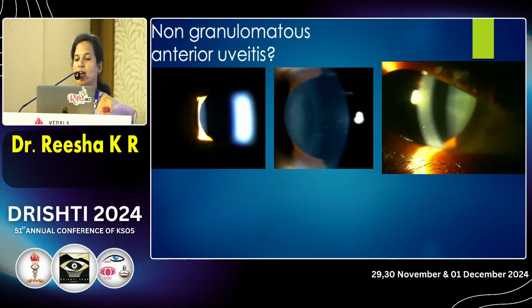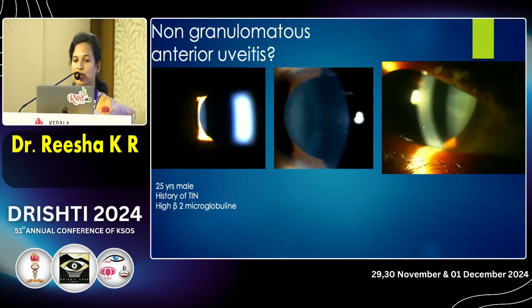These three are mild non-granulomatous anterior uveitis. But the first case was a first presentation in a young doctor. On detailed history taking, he gave a history of treatment for tubulointerstitial nephritis 1 year before. So that was a recurrence. He had high beta-2 microglobulin.